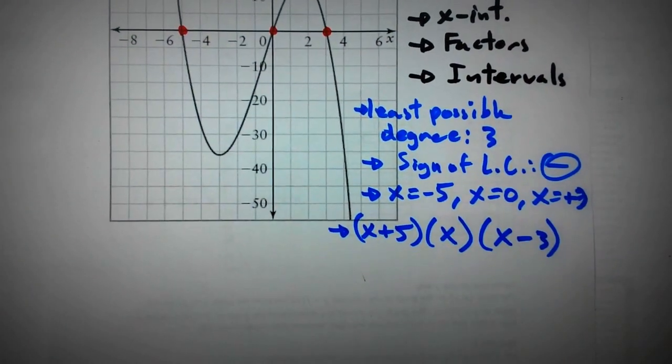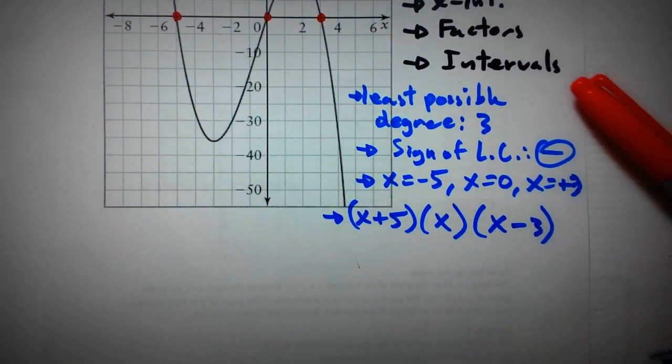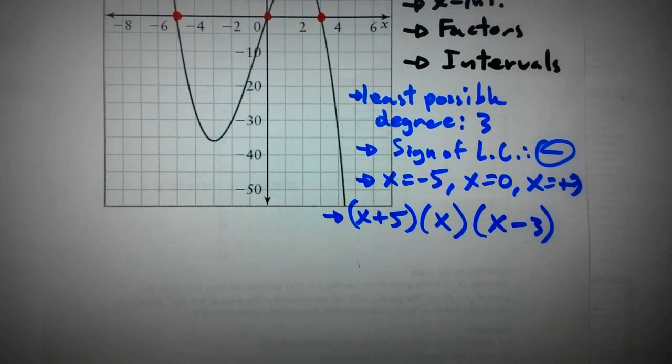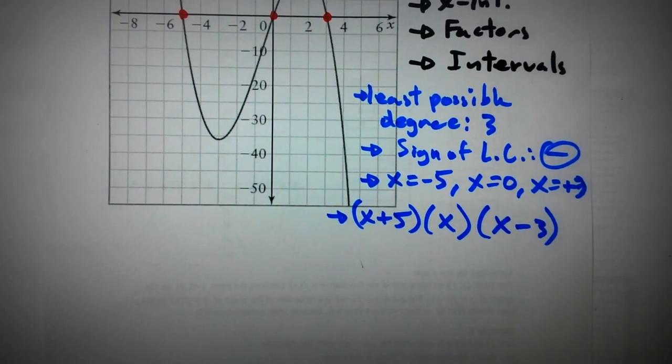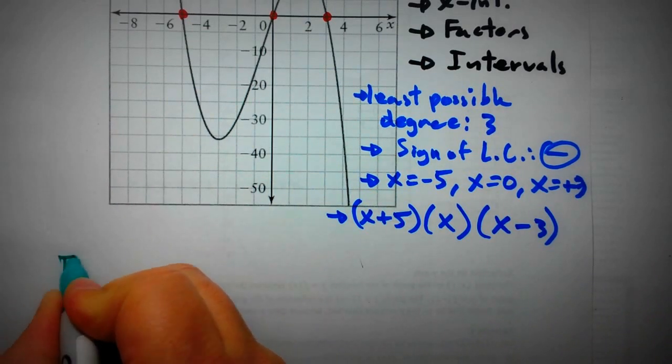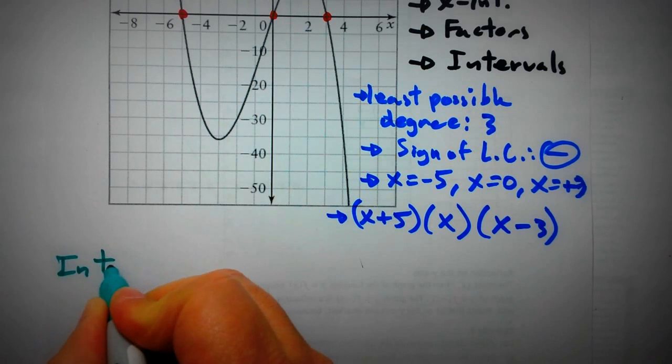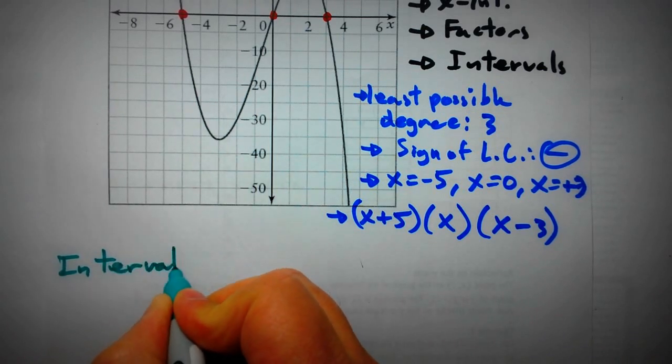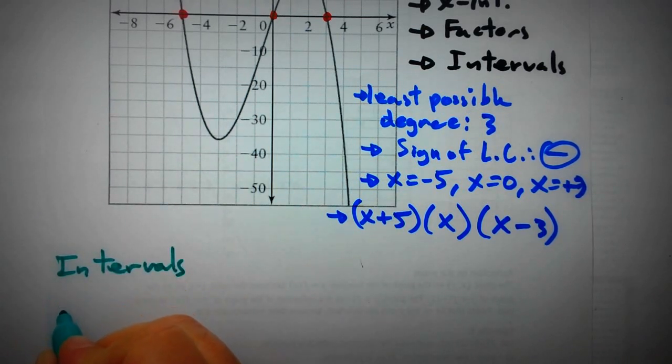In order to answer that question about the intervals, I suggest you make a table that looks like this. You write intervals here, and then right below we're going to say sign of the function, f of x.